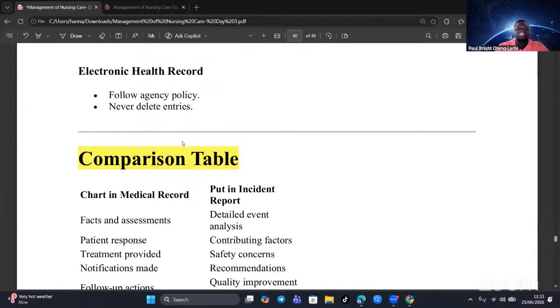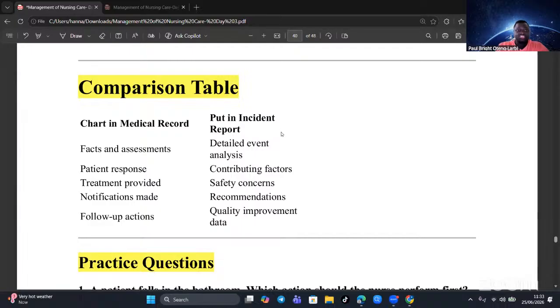That is why when you are using electronic records, don't enter what you think it can be if it's not correct. They have everything. If they want to check, they will see. So this is the comparison table: the chart in the medical record and what you are supposed to put in the incidence report.